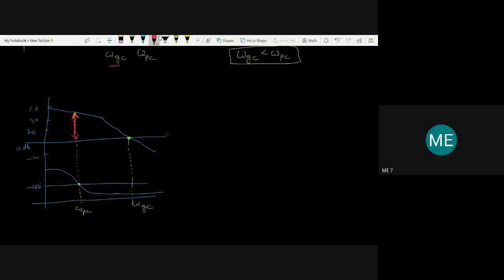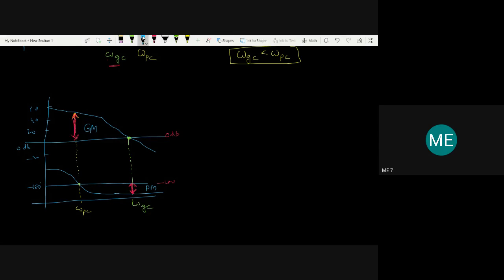So here this is the 0 dB line, this is the minus 180-degree line, and we calculate the phase margin at omega GC. So this is the phase margin. Here I got the gain margin, and here I got the phase margin.